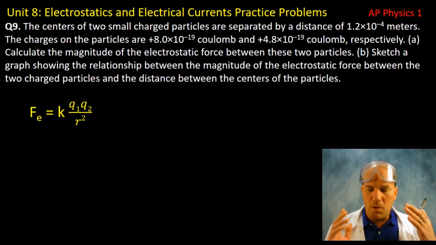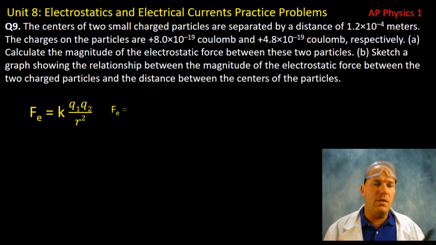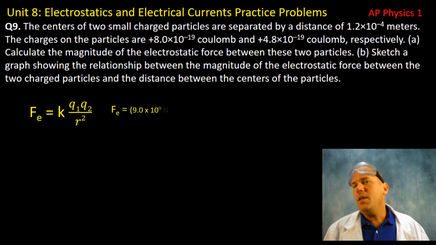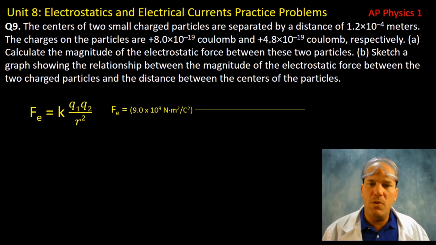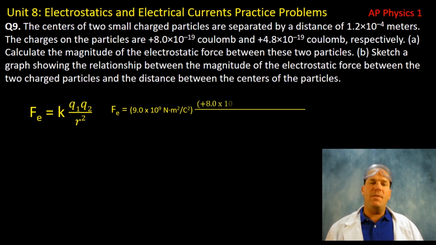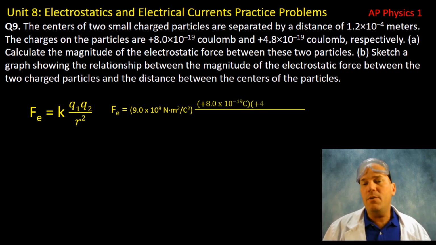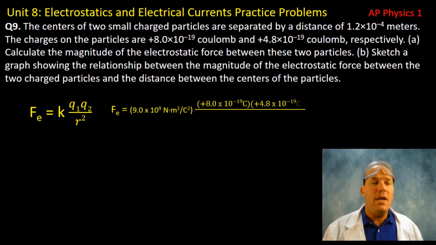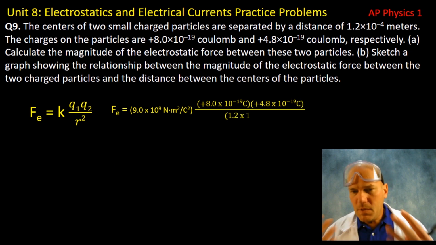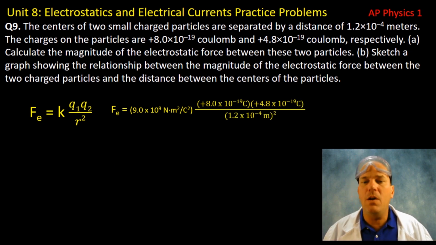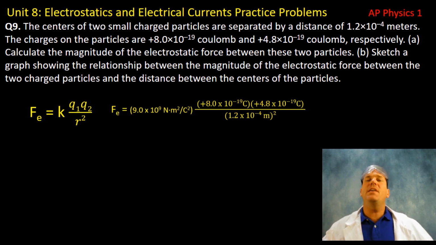Here we have Coulomb's law and the equation. We have K to be Coulomb's constant, with the units. We have Q1 equal to a positive charge. We have Q2 equal to a positive charge. And we have that distance in meters squared.